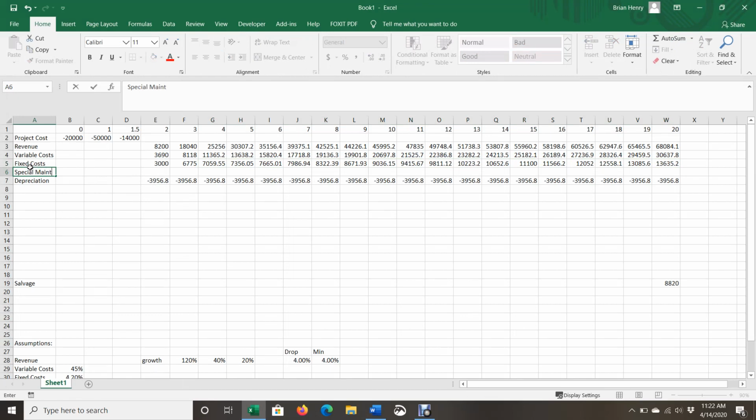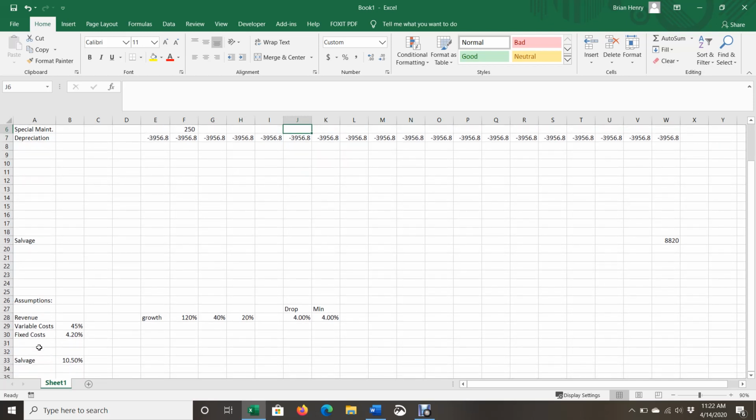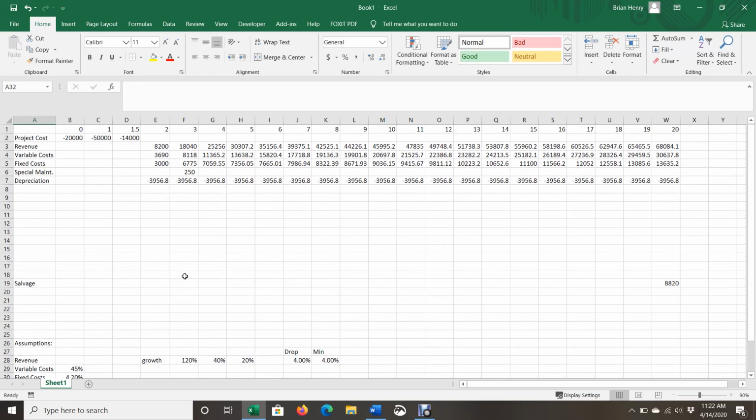Special maintenance. So in year 3 right now, it's saying 250,000. You could go over here and do 400, 550, but that wouldn't be fun. So we're going to wire it in so that we can special maintenance assumption so that it grows by 150 each time.